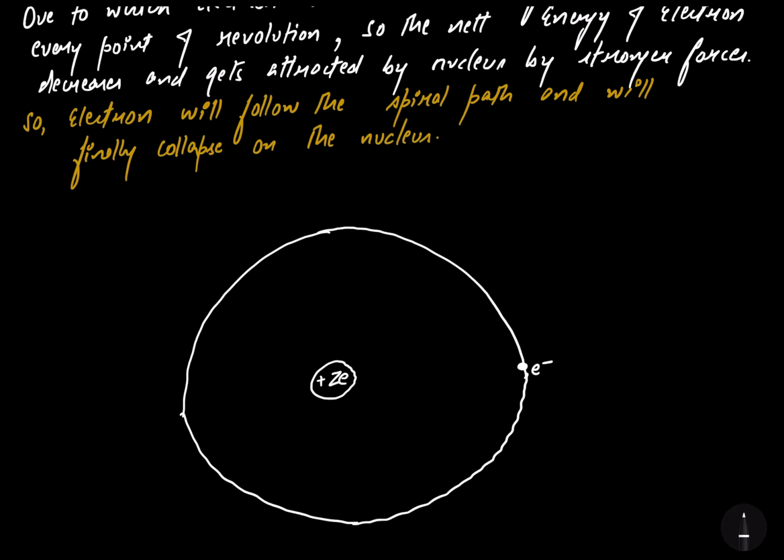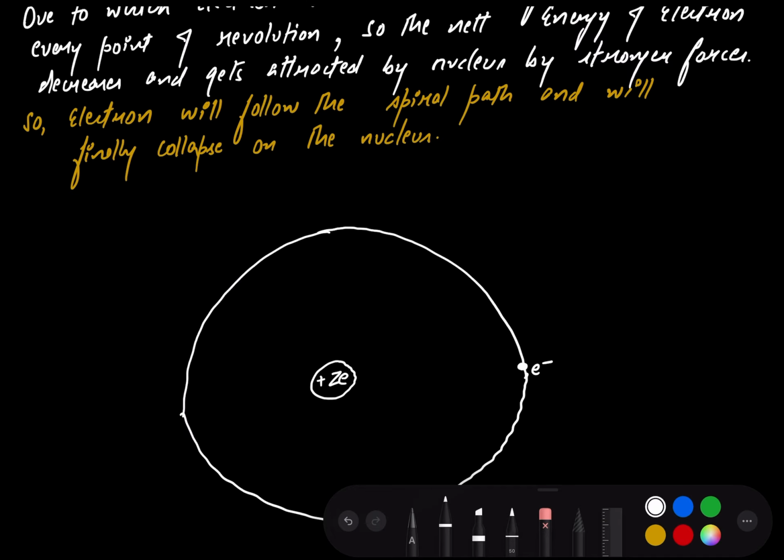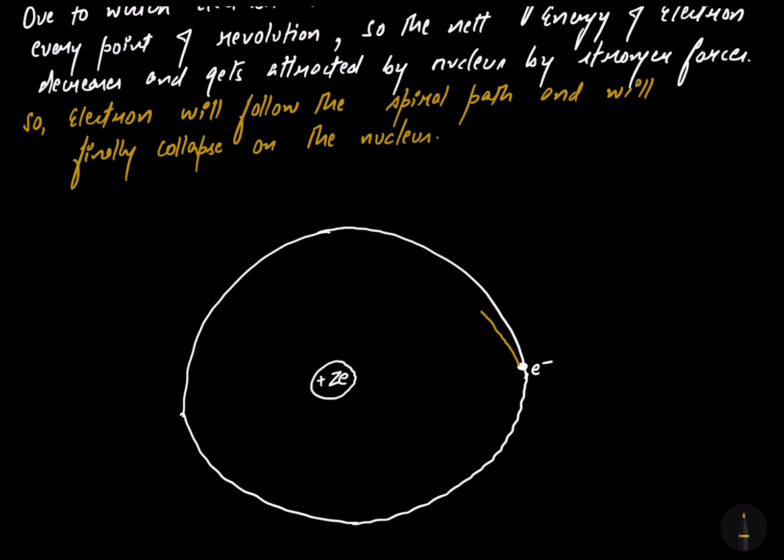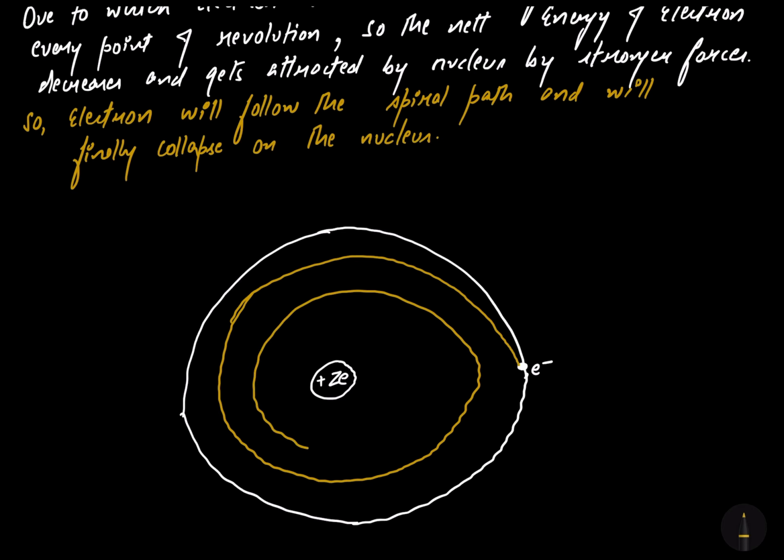Now, the electron will emit electromagnetic waves at every point of revolution, due to which it will feel more attractive forces by the nucleus and will follow the spiral path and will finally get collapsed on the nucleus.